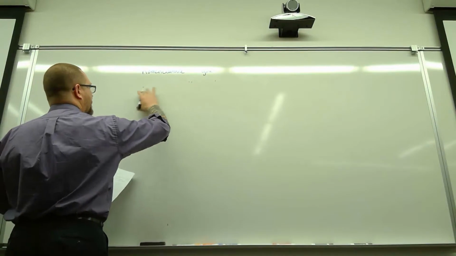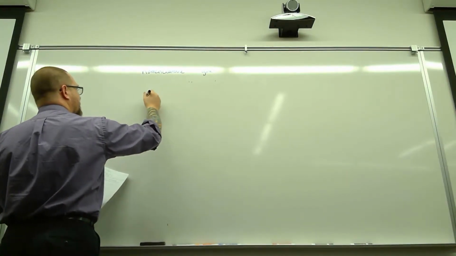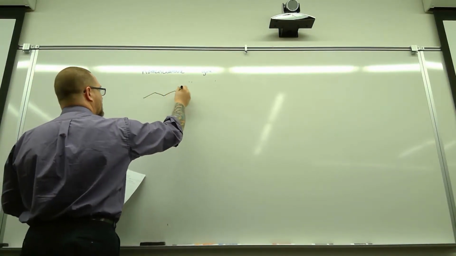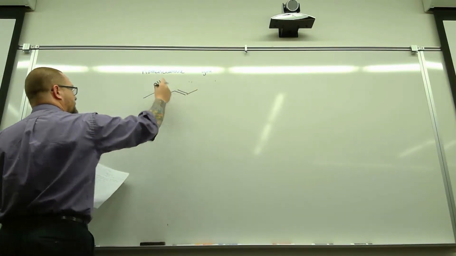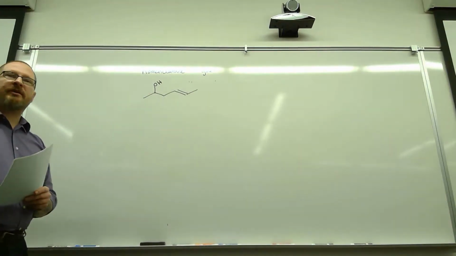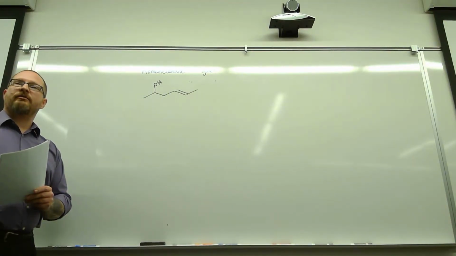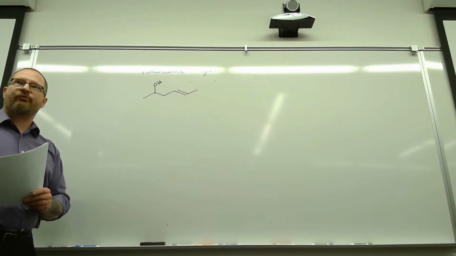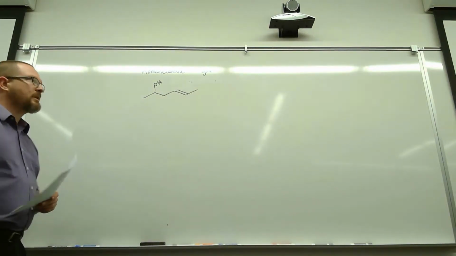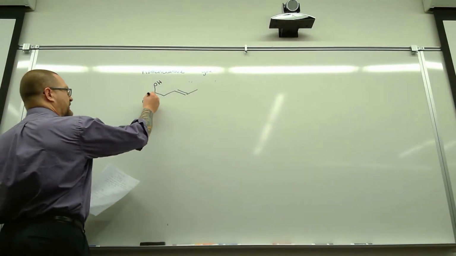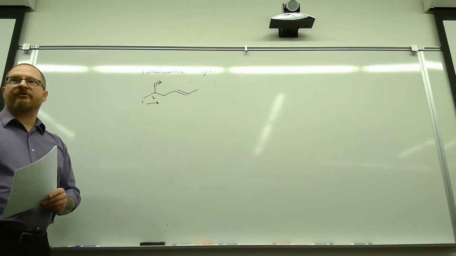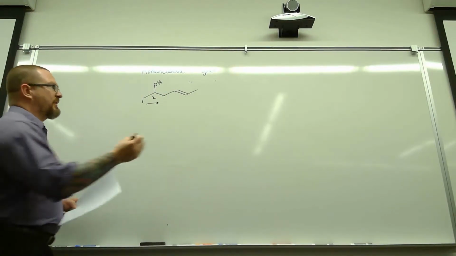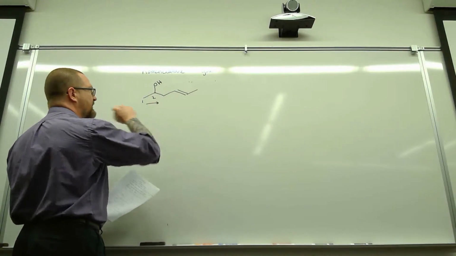When we're designating what side we're numbering from, you're going to prioritize the side that gives the highest priority functional group the lowest number. So in this case, we would number from this side because it will give the hydroxyl group the lowest number versus coming in this side.